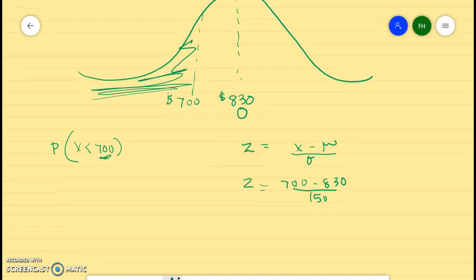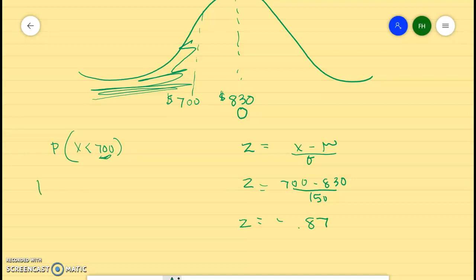So this is definitely going to be a negative number. 700 minus 830 divided by 150 is negative 0.87 if you round.